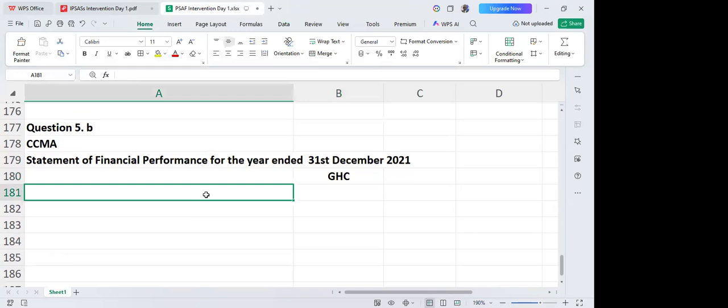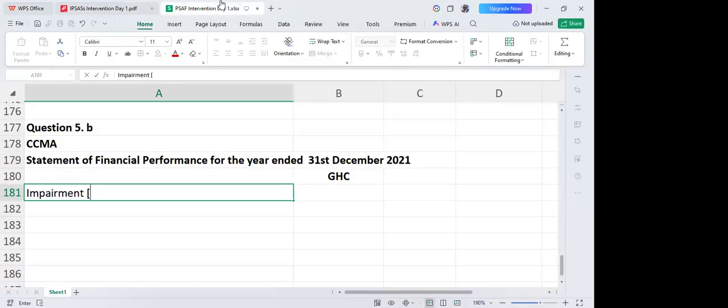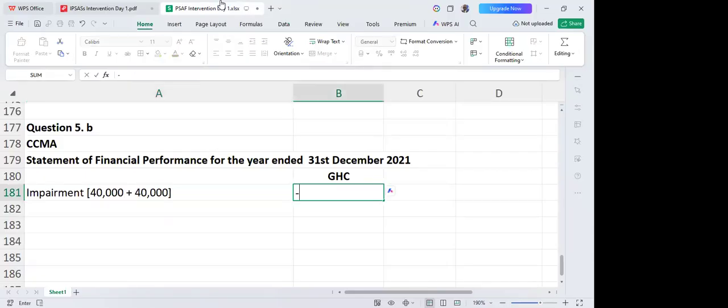So bring impairment. 40,000, 40,000, and we add the two together. So this will be 80,000.